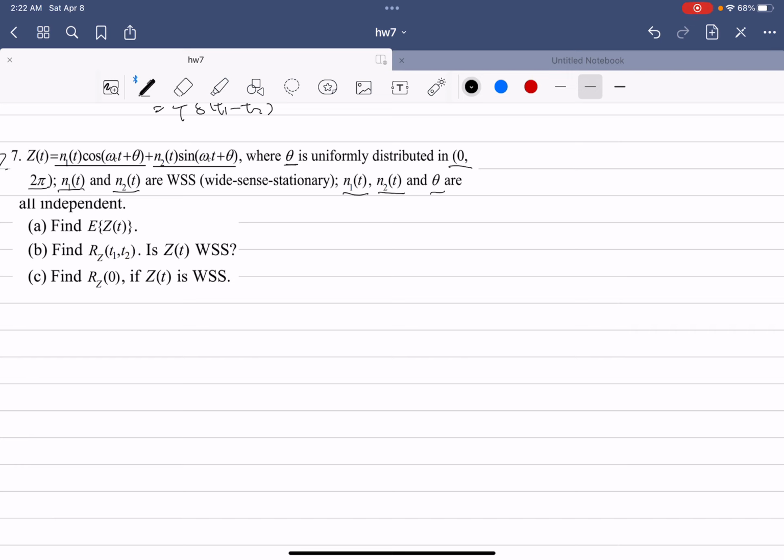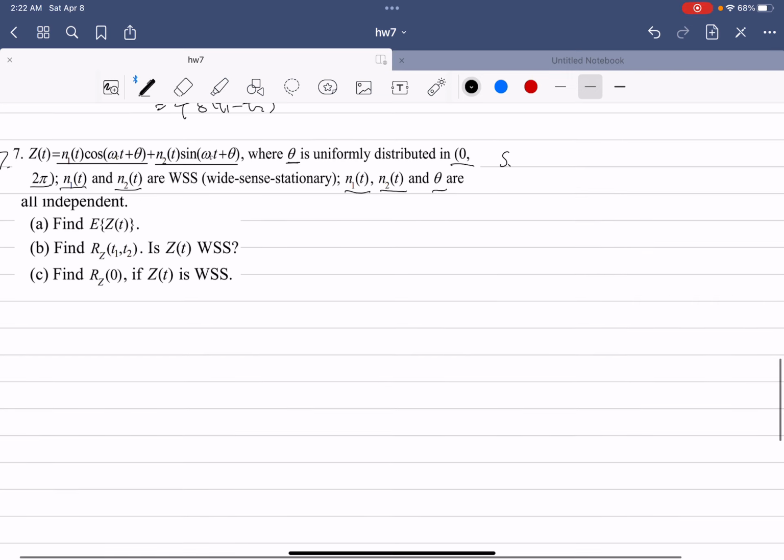Let's see the first part. We need to find the mean of Zt. First, we are given that N1T and N2T are independent.